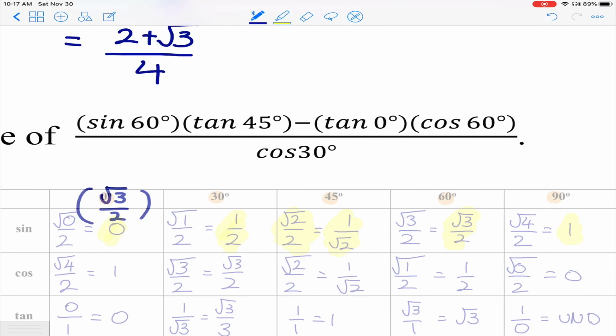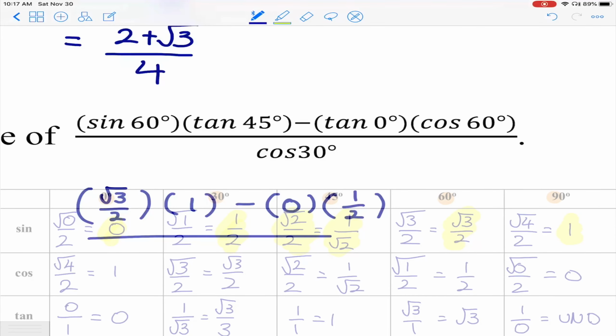Then remember sine 45, cosine 45, they are the same because it's both 0, 1, 2 or 4, 3, 2, so it is then 1 minus tangent 0 is a 0 based on the chart, and cos of 60 is 4, 3, 2, 1. So it is 1 over 2 over cos 30. 30 is the second angle, therefore it is 4, 3. So it is square root of 3 over 2.